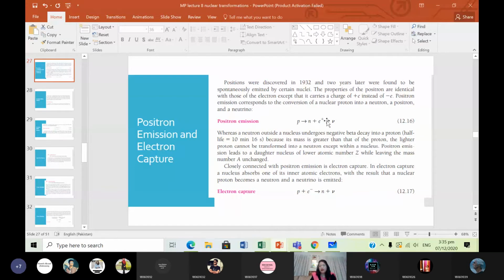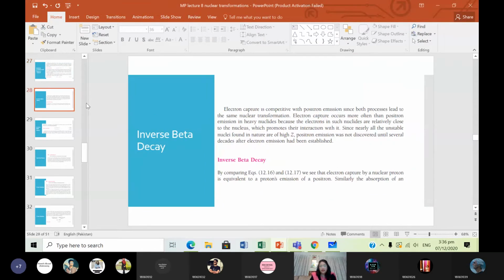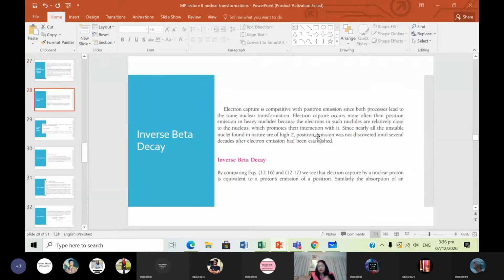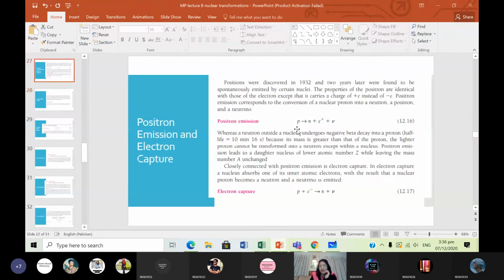And these reactions are improved from the previous theories that were mentioned, because all the laws that I mentioned before are conserved when we involve the neutrino and the antineutrino as well. So electron capture is competitive with positron emission, since both processes lead to the same nuclear transformation. As we see over here, in positron emission we have a neutrino released, and the final product is a neutron, and in both cases we have neutrinos as well.